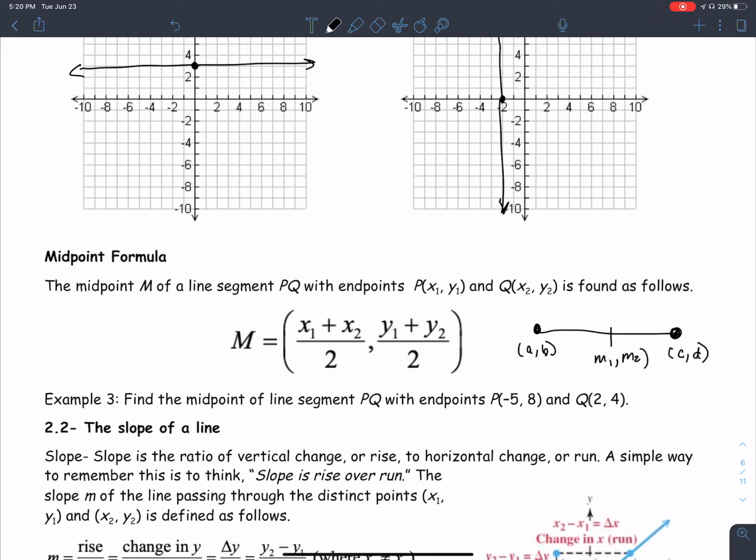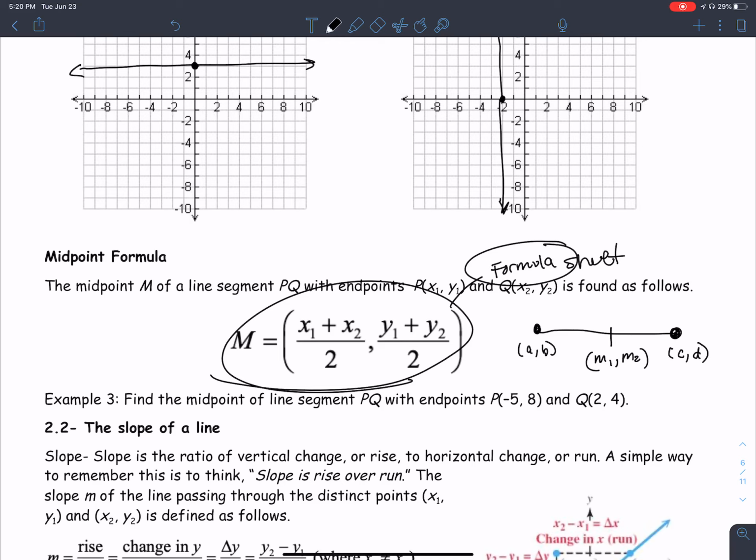Okay, so you add together the x's, you add together the y's, and you divide by 2. They won't give this to you on the test, so you need to put this on your formula sheet to have for your test.